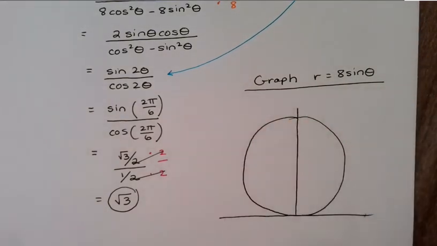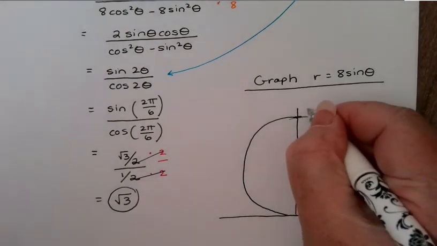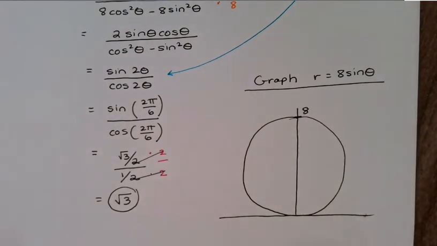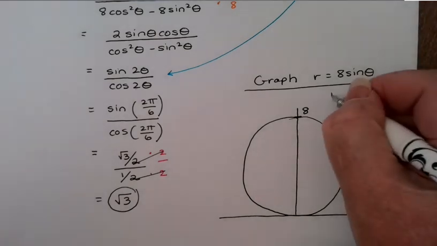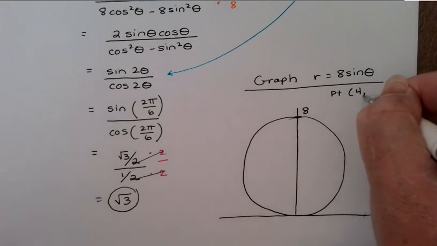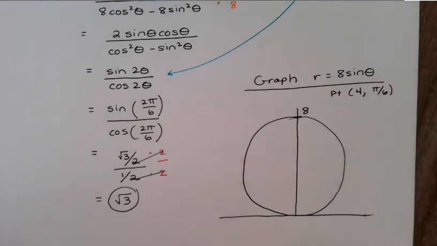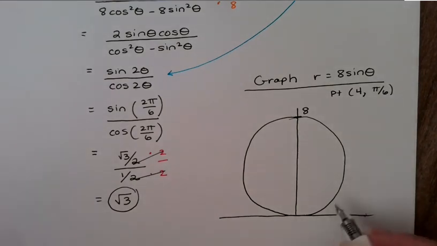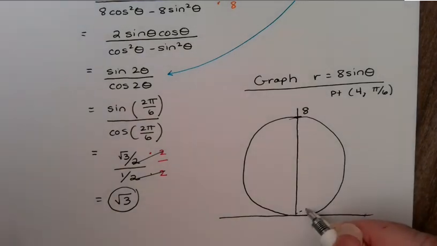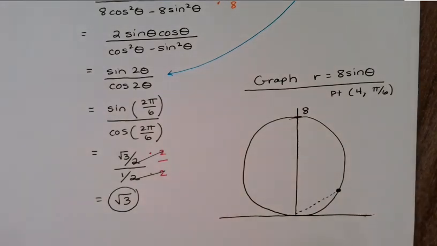So it basically looks like that. The point that we were interested in, the point 4 comma pi over 6, at an angle of pi sixths, 30 degrees, right? We'd be kind of over here, 30 degrees, maybe about a third roughly here. That might be approximately the point 4 comma pi 6. I'm just trying to estimate about a 30-degree angle there.